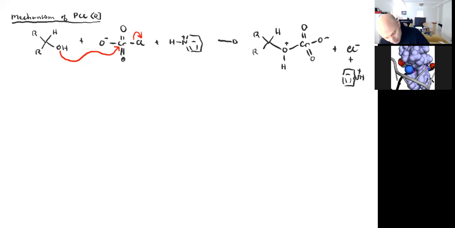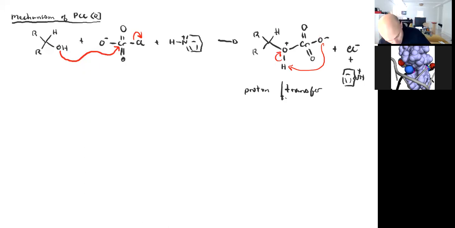Same thing here, proton transfer. And again, you don't need to draw arrows. If you wanted to, you could have this O minus attack and then move the proton over there.